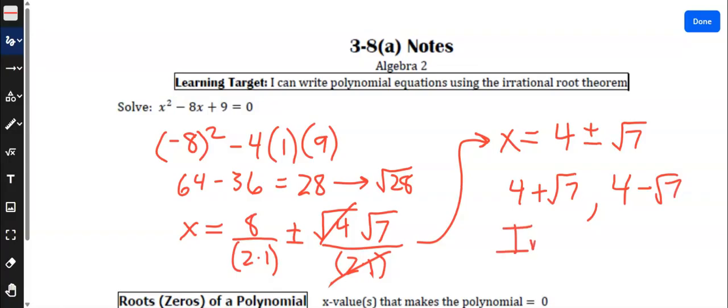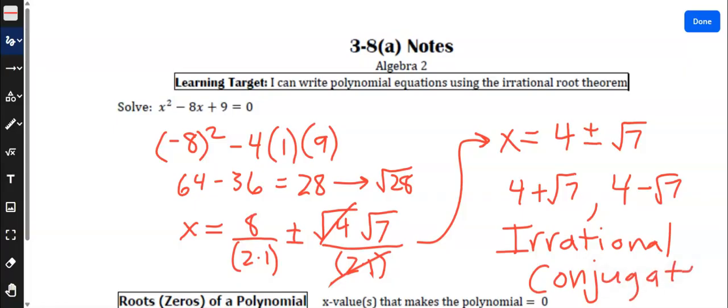These are called irrational conjugates. Just like imaginary solutions are imaginary conjugates when you have things like 2 plus or minus 5i. Now, what is important?